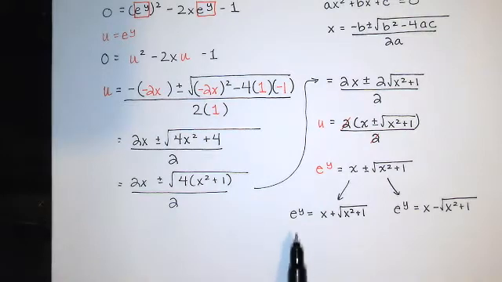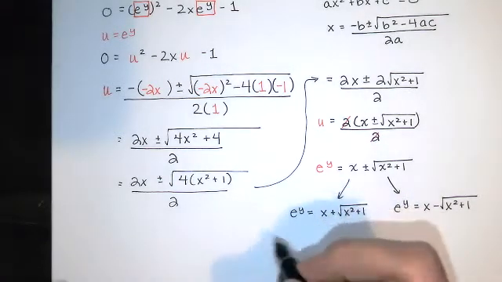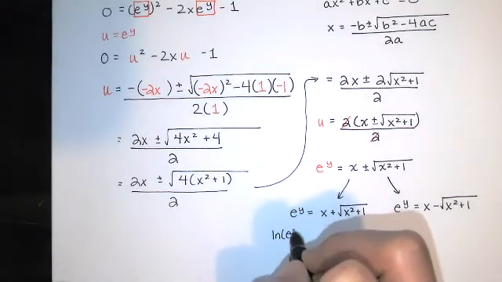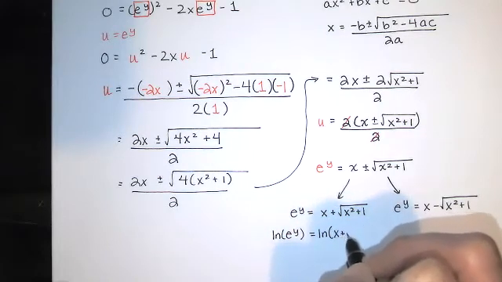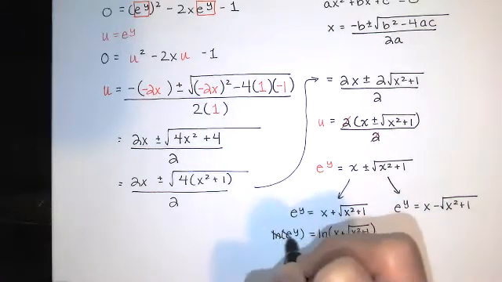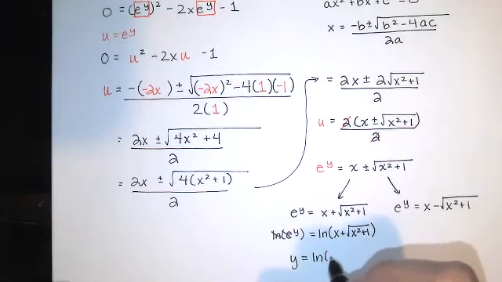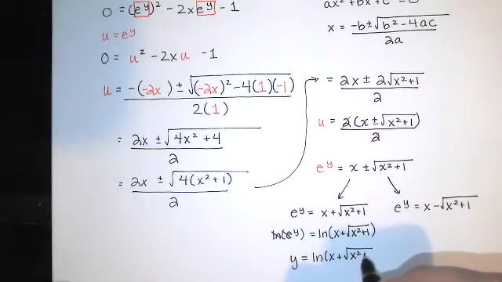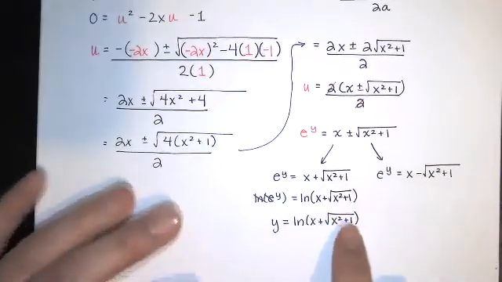Okay, now if I'm trying to get to y, and I have an e here, I need to take the log of both sides to get rid of the e, because the natural log and the natural exponential function undo each other. And you see, that means that y has to be the natural log of x plus the square root of x squared plus 1.